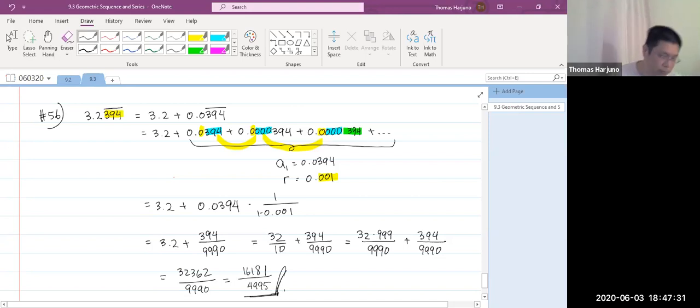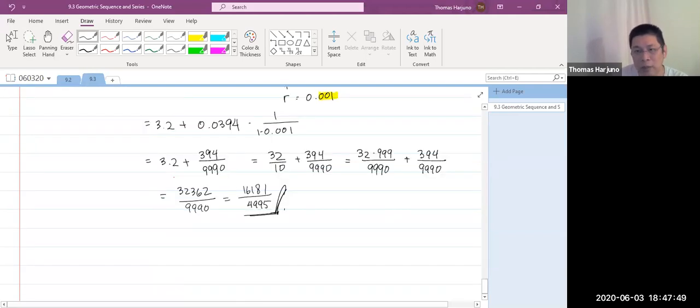That's the fraction. Now this is the textbook way of doing that, seeing this as a geometric series, but it's actually not necessary.